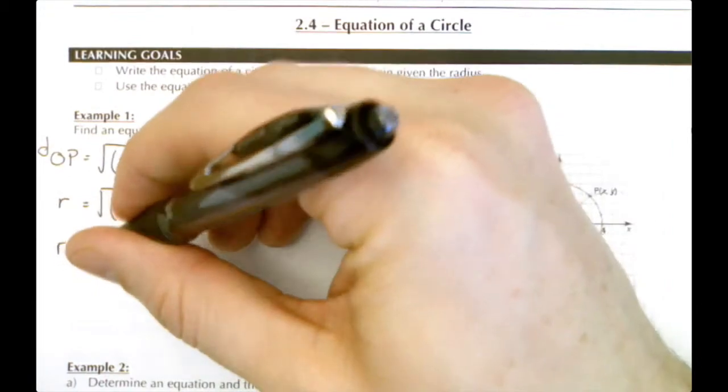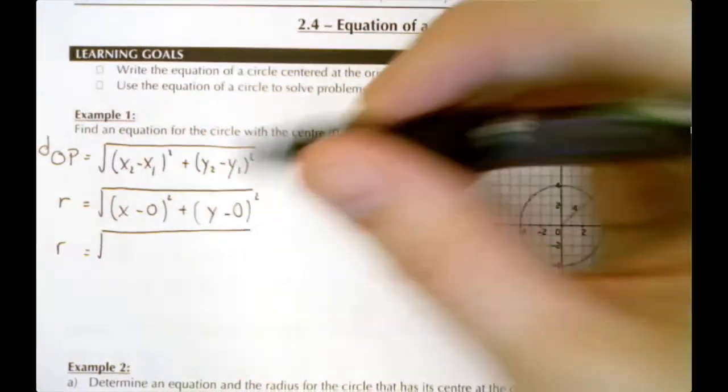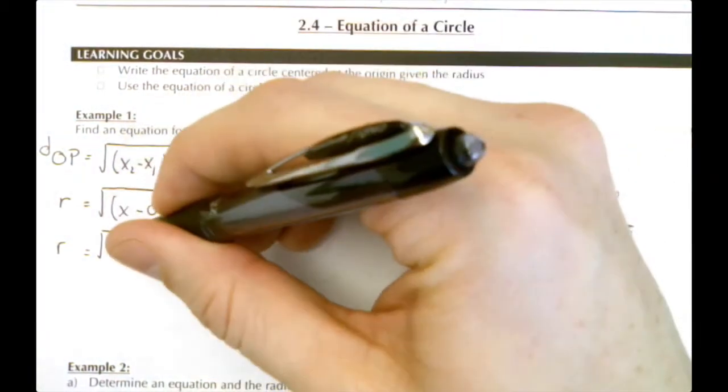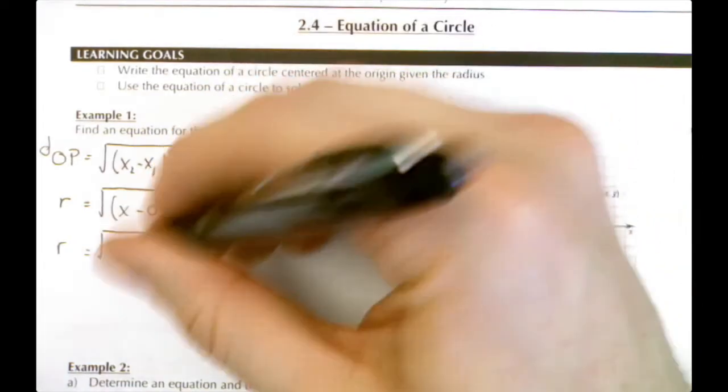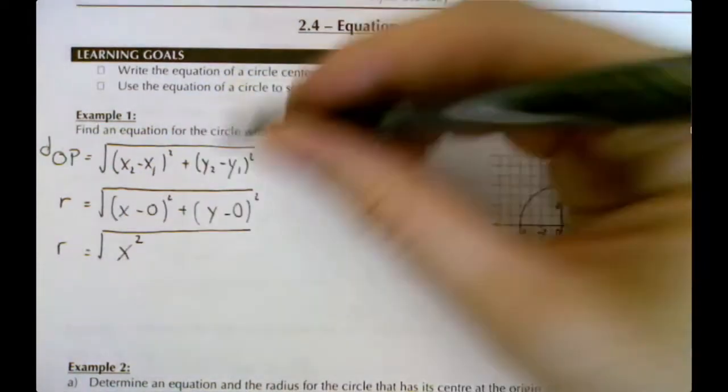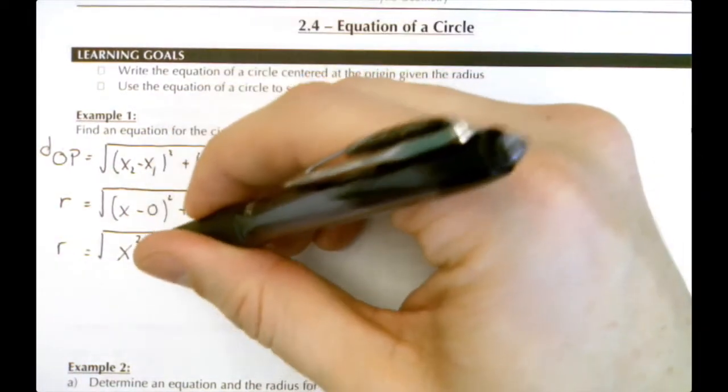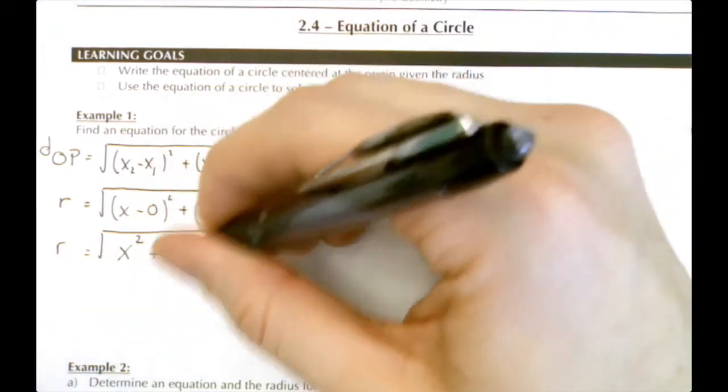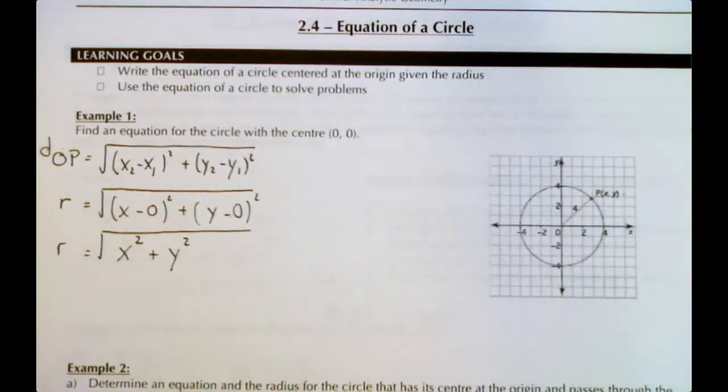Let's do a little bit of simplifying. X minus 0 is just x, and if you square x, you get x squared. Y minus 0 is y, and when you square y, you get y squared. So we end up with this equation: R is equal to the square root of x squared plus y squared.